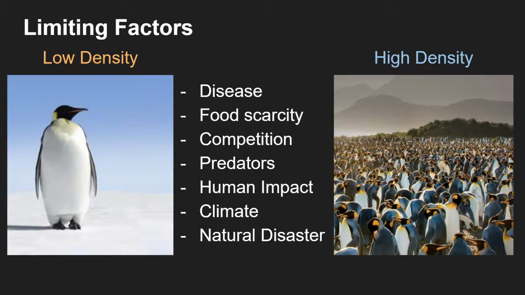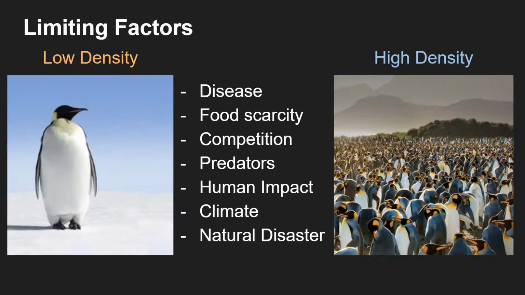Now, if you were to think about a food scarcity in this area, there's most certainly going to be a lot of death because there's just so many organisms in that area. Now, this plays itself really well to competition for land, competition for other resources like water, mating, things like that.